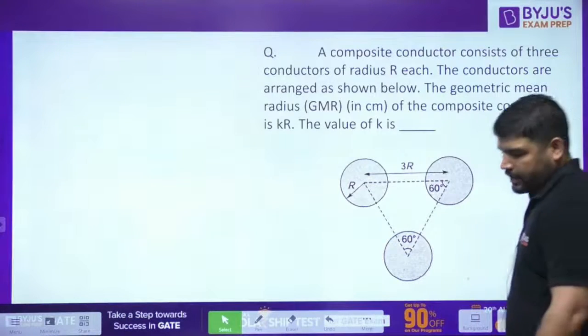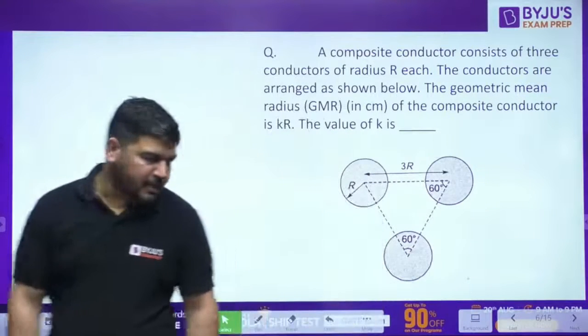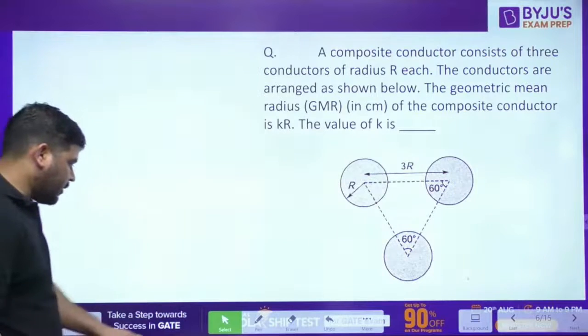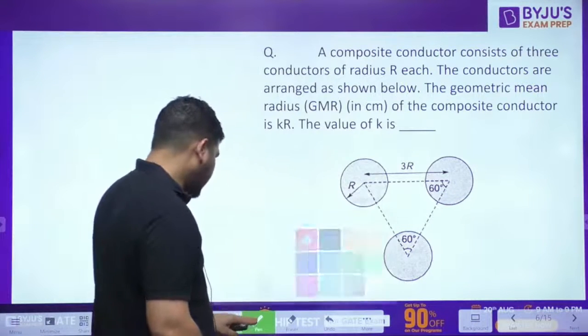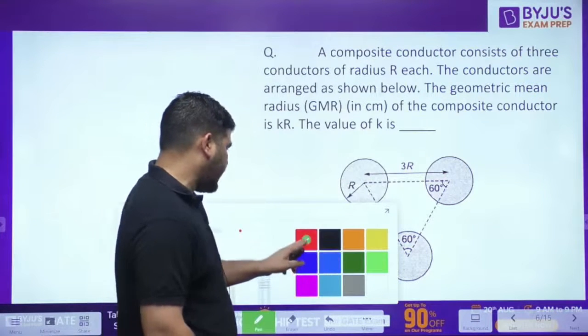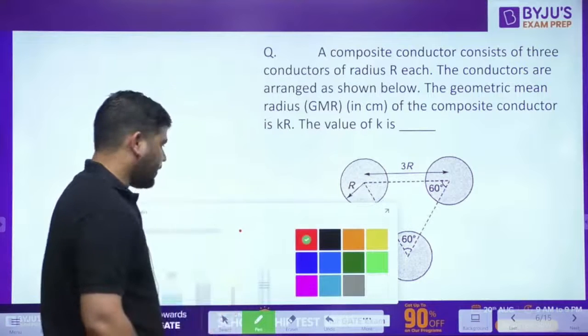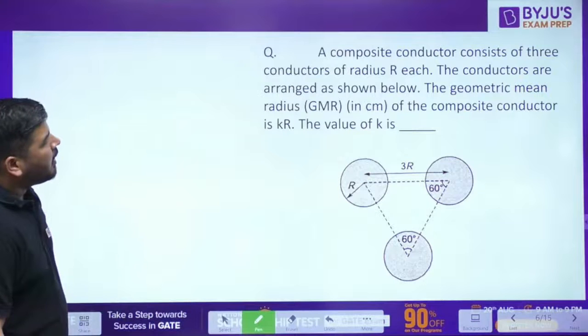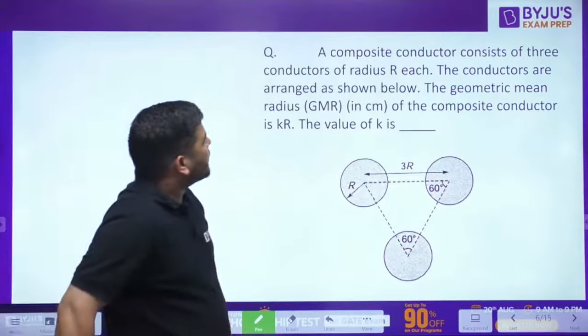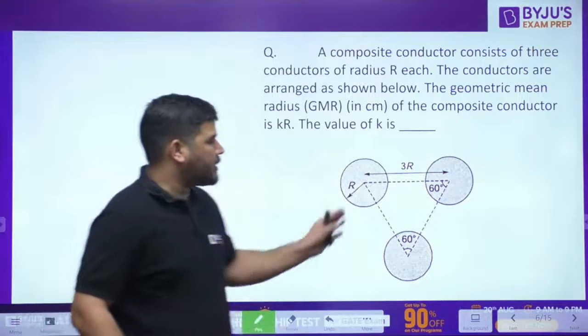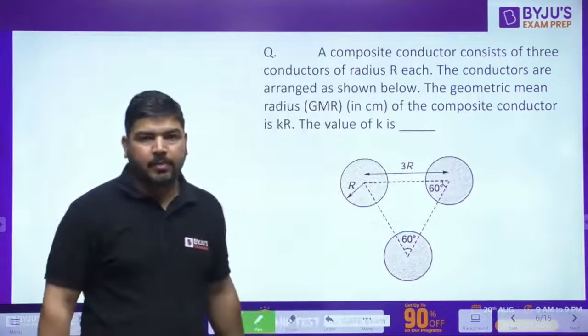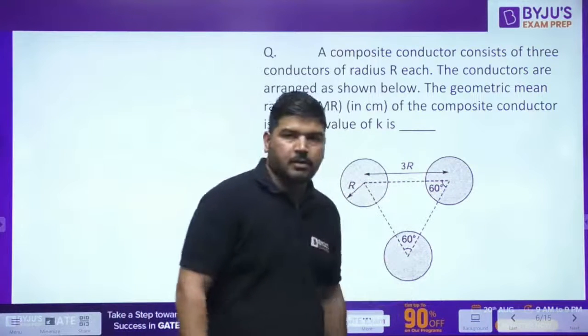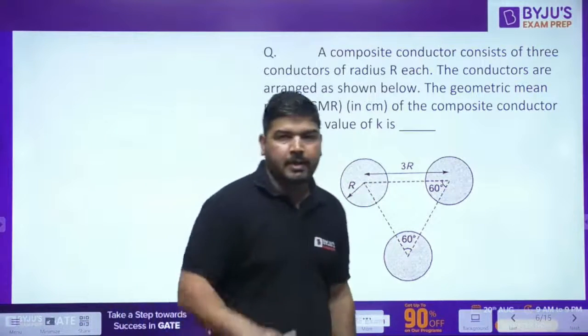Okay guys, let's start today's session. This is the first question on your screen, and I want you to solve it. Tell me what is the correct answer. A composite conductor consists of 3 conductors of radius r. So it's a single composite conductor with 3 strands.